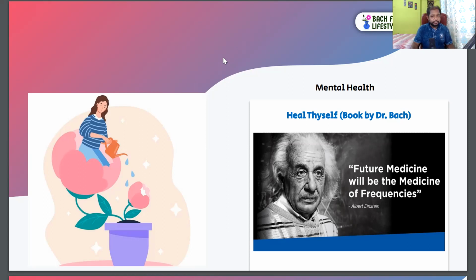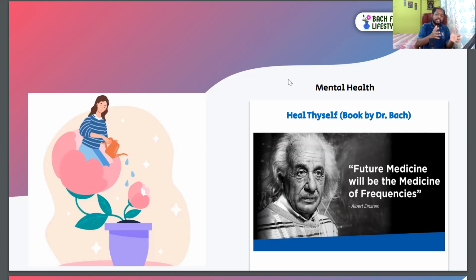So this book is mainly from the point of view of how the future medicine would be, how the Bach flower remedies will help people, and what are the aspects of the remedies, especially in terms of self-healing. How someone can help themselves with the Bach flower remedies to heal their own problems.